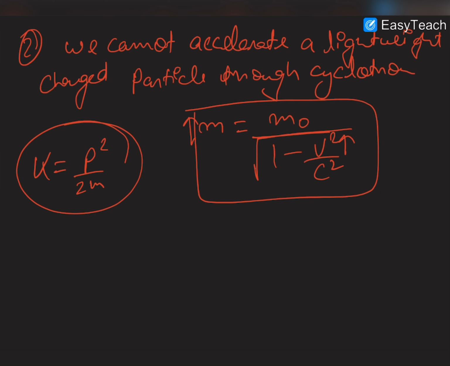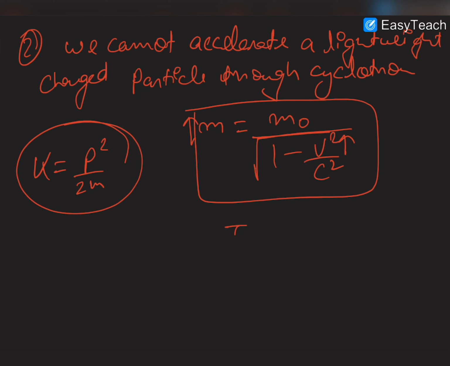So we can say that the lighter particles will attain a greater speed in the cyclotron, and due to that greater speed, their speed will start to get near to the speed of light, and hence their mass will start to vary.